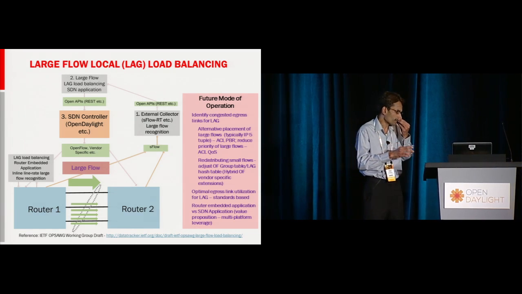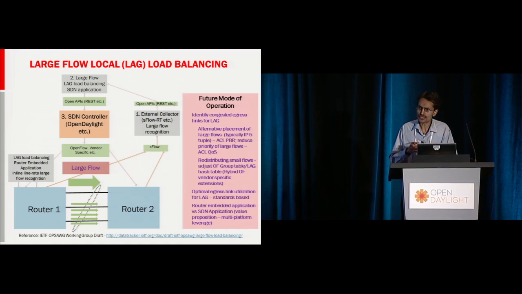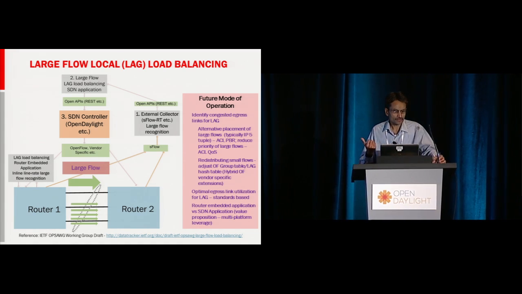And also, operationally, there are some interesting trade-offs you need to make whenever you're switching a flow, especially a large flow. You may encounter some packet reordering, and especially if it's TCP, then what may happen is if there are 3 back-to-back out-of-order packets, then you could get some duplicate ACKs. So we have captured this also in an IETF draft, and these seem to be trade-offs well accepted by operators.